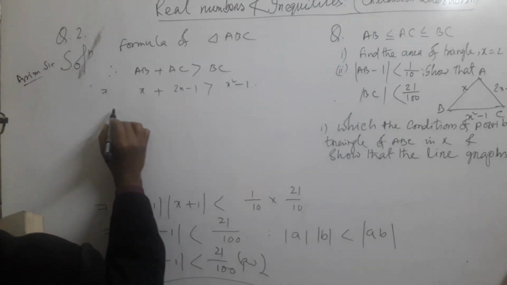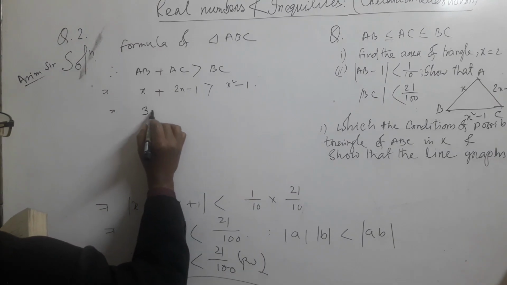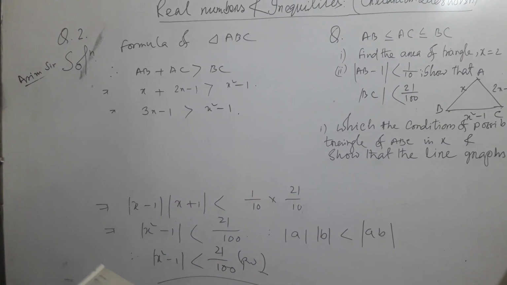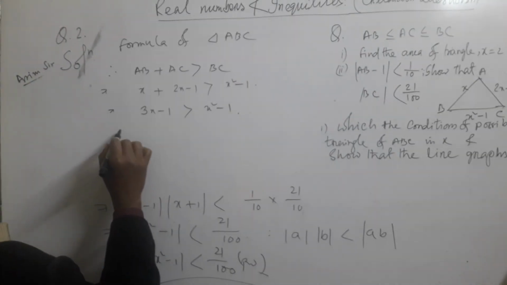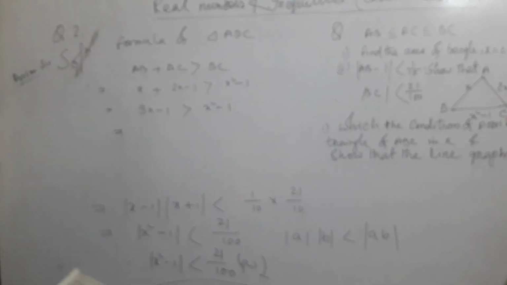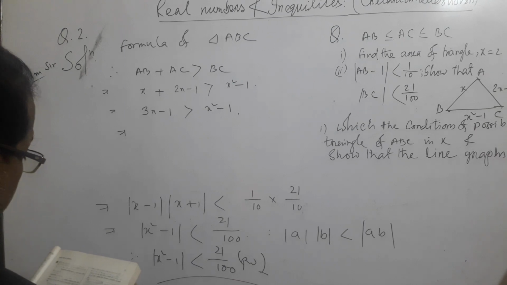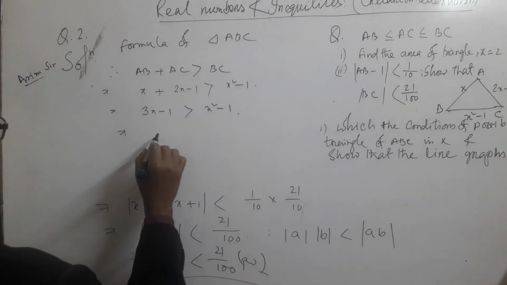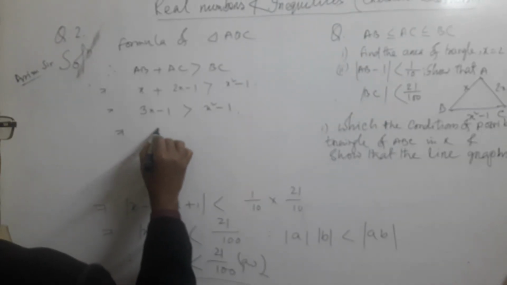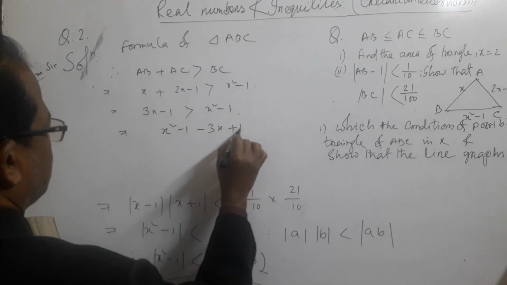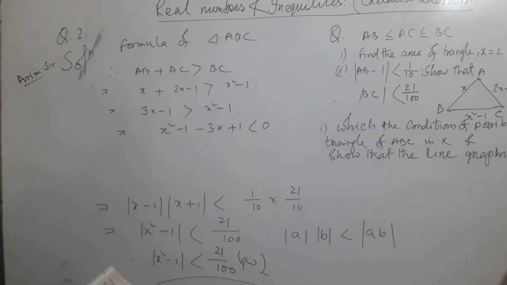So 3x minus 1 is greater than x squared minus 1, and putting all on one side, x squared minus 1 minus 3x plus 1 is less than 0.